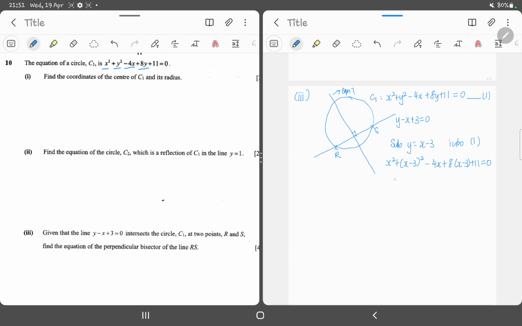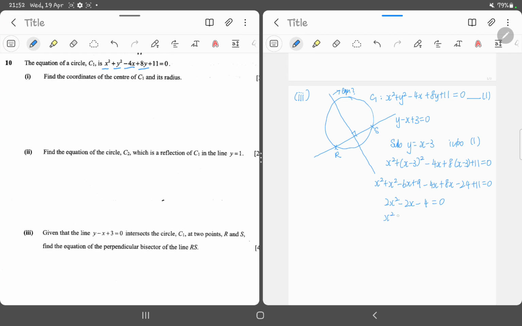So simplifying this, we get x squared plus x squared minus 6x plus 9 minus 4x plus 8x minus 24 plus 11 equals to 0. So this is 2x squared minus 2x plus 20 minus 4 equals to 0.